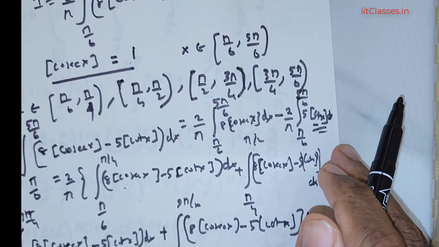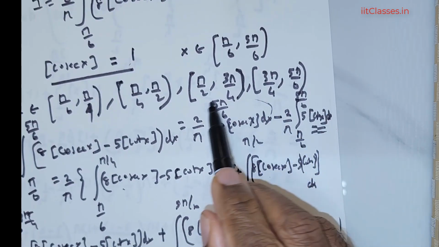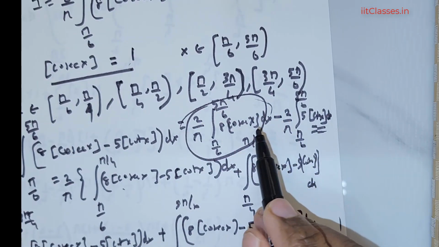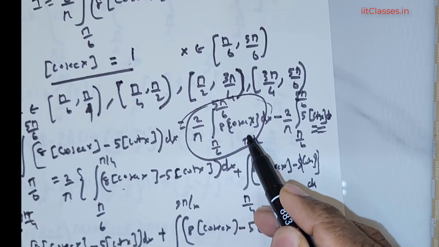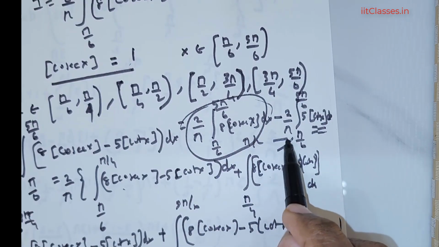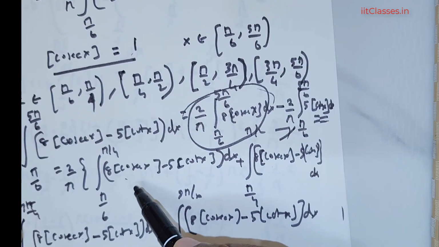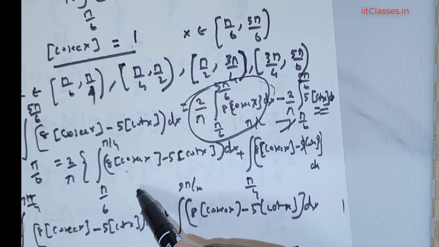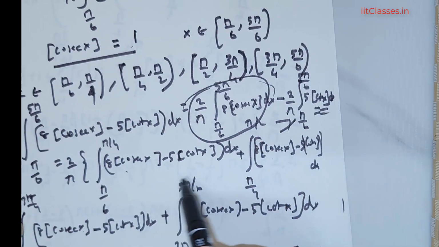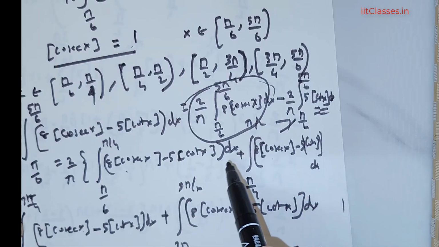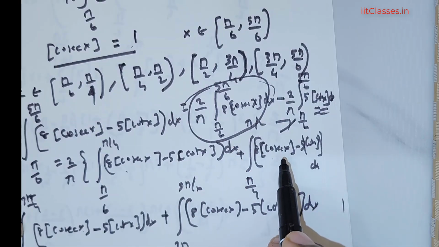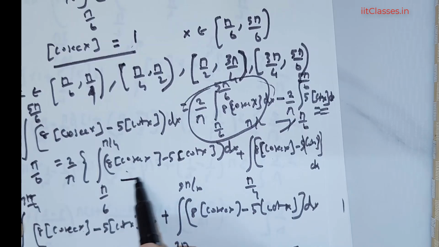Now what you have to do here is this is going to be equal to 1, right? So you don't have to include this in the calculation. You need to just include this in the calculation, right? So in that way the amount of steps and time that we have utilized here can actually be avoided.